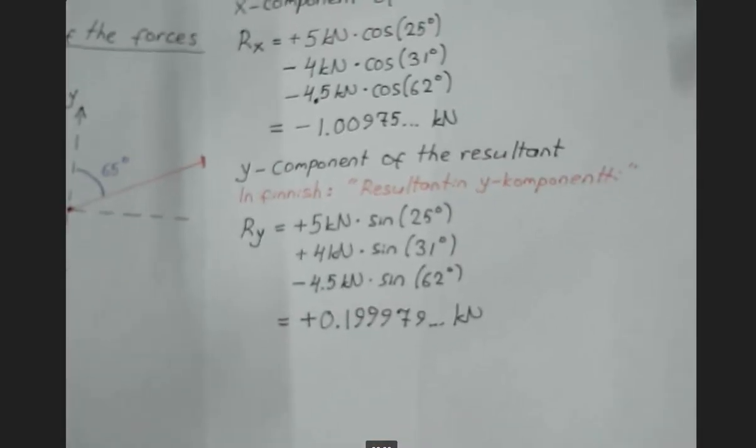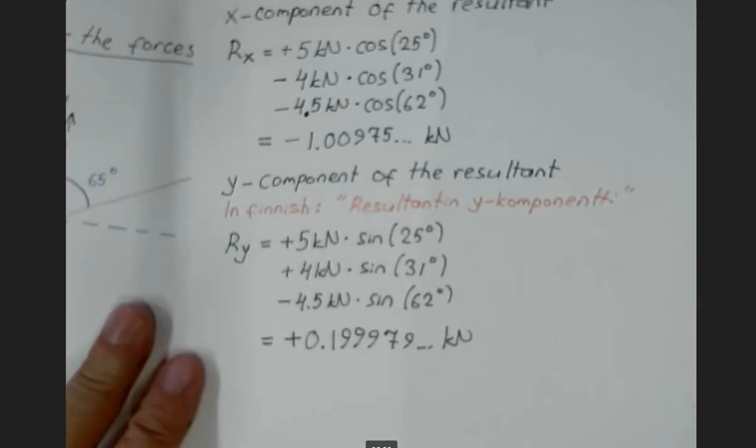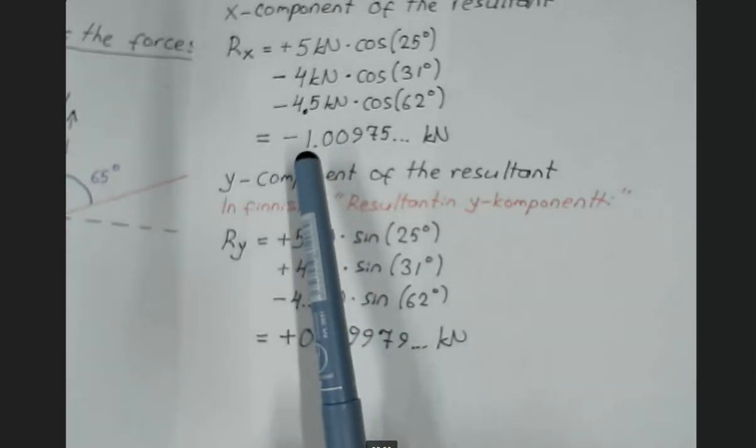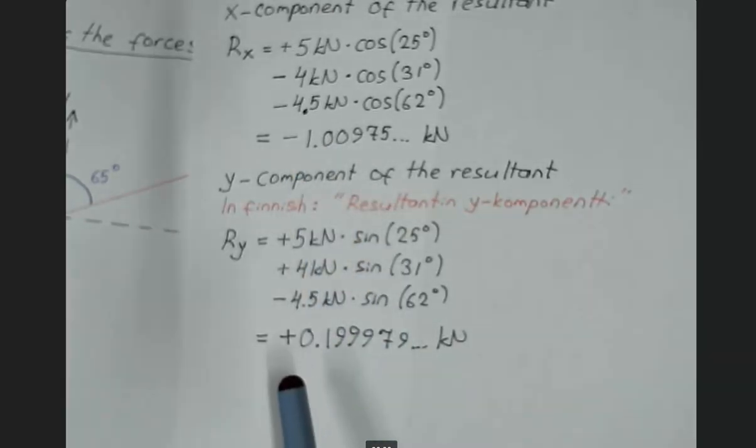So now we have calculated the components of that resultant force. Rx is approximately -1, and Ry, the y component, is approximately 0.2 kilonewtons.